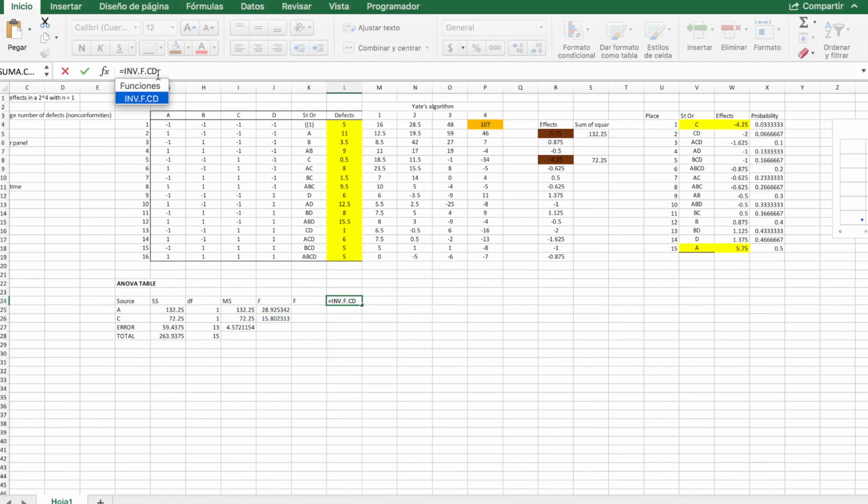We compare with F at 0.05, 1 (which is always 1), and 13, which is the error degrees of freedom. We compare the values we got on the F column with the critical F, and we see that they are significant because they are greater than 4.6.